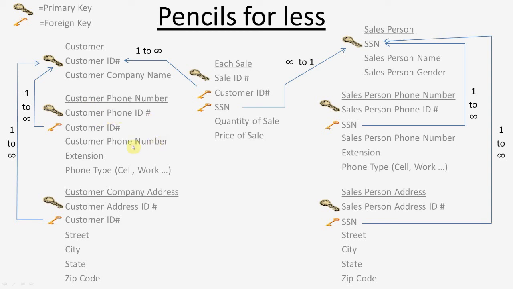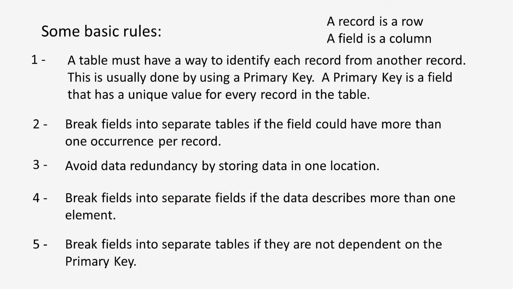So each customer phone number is related to the customer phone number table. Each street is dependent upon the customer address. So all of the fields have to be dependent on the primary key and or the purpose of the table. So we've fulfilled all of our rules, and now we're ready to go on to the next video.